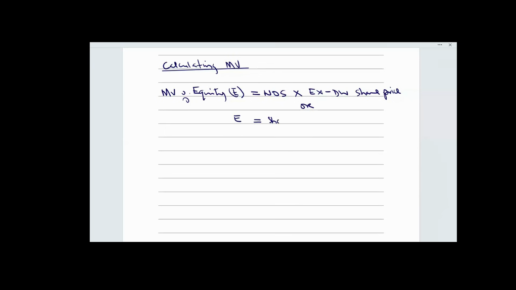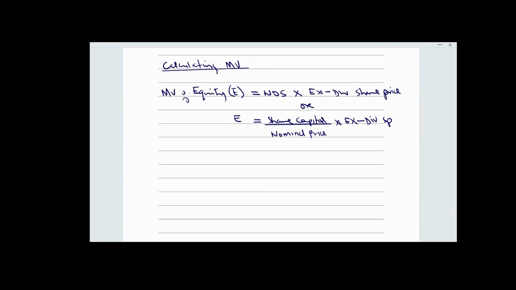So in this case, I can say equity value is share capital divided by nominal price, multiplied by XDIV share price. Okay, so that will give me the market value of equity.